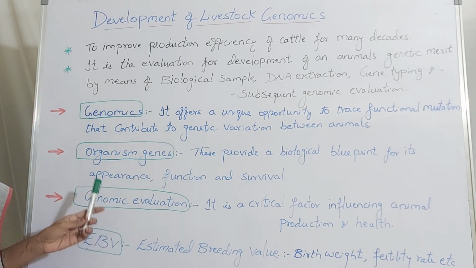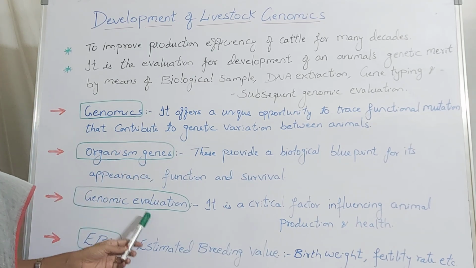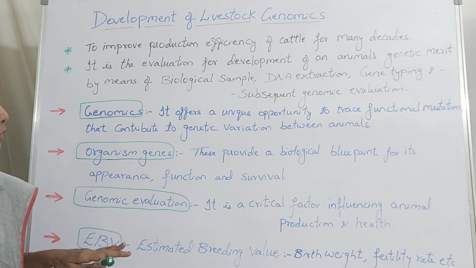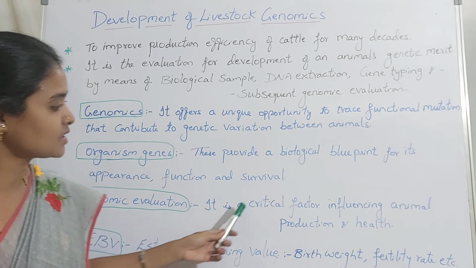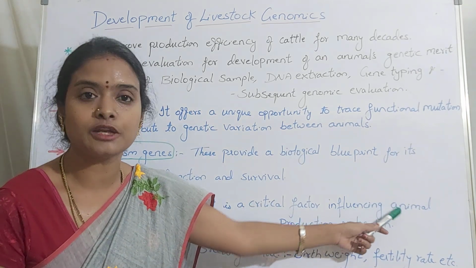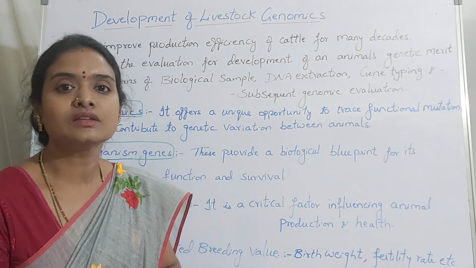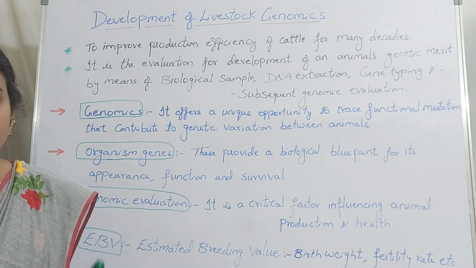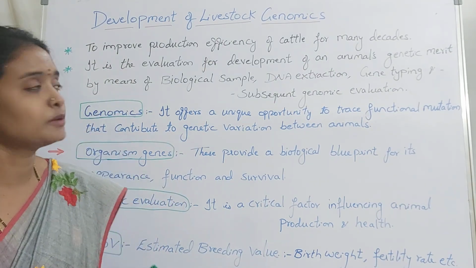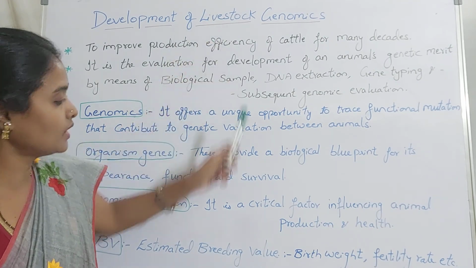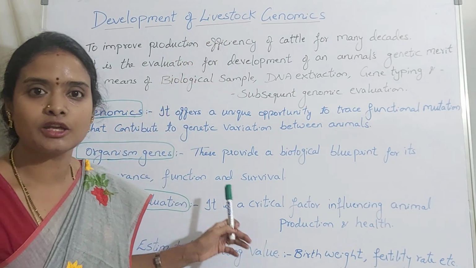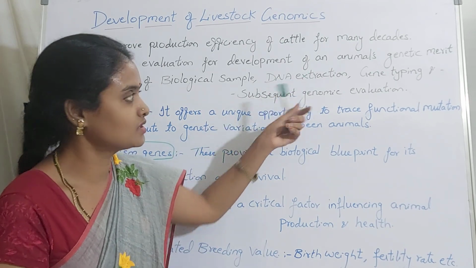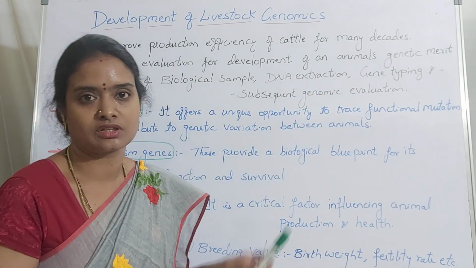Next, it is the genomic evaluation. So here, once you get the complete picture of an animal's genetics, it is a critical factor influencing animal production and health. The overall chart consisting of the genes, when you evaluate all the animals present in the livestock, then you can conclude which animal is better and you can give them the ranking, or the genetic merit, for that particular animal.